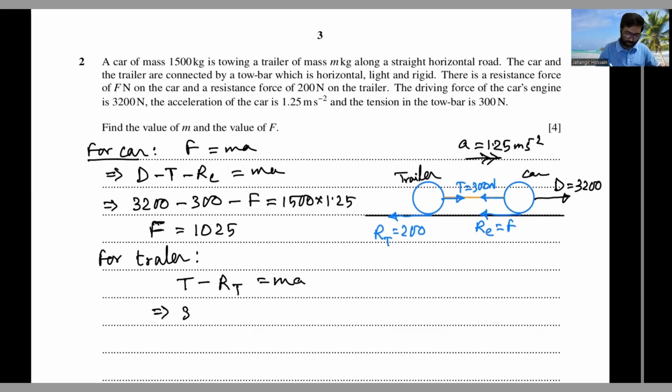T is 300, R is 200, equals M unknown times 1.25. So M is equal to 80. So the mass of the trailer is 80 kg only.